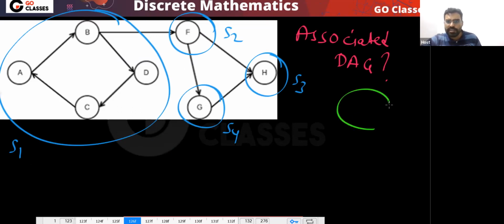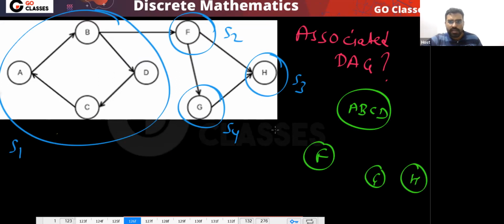So what is the associated DAG? That will be like this: A, B, C, D, F, G, H. There is an edge from this to F, from F to G, from F to H, and also from G to H.